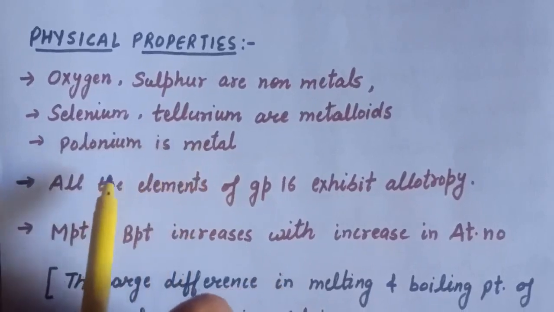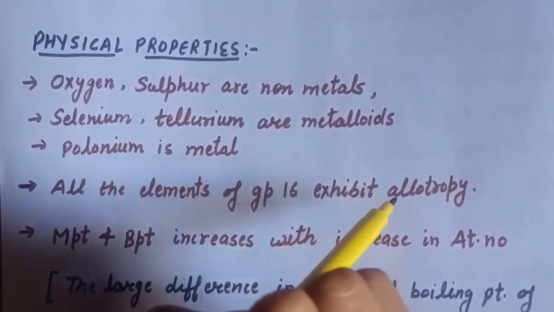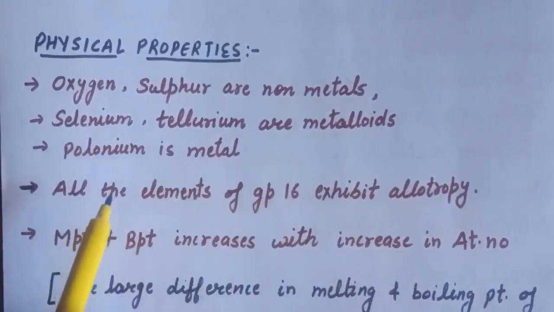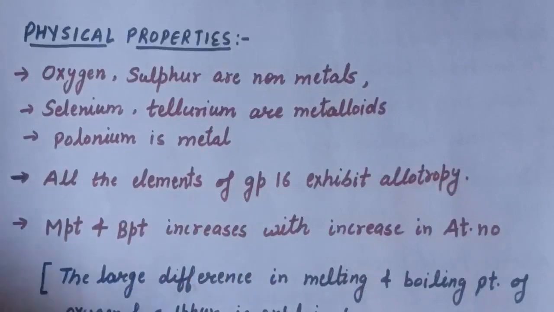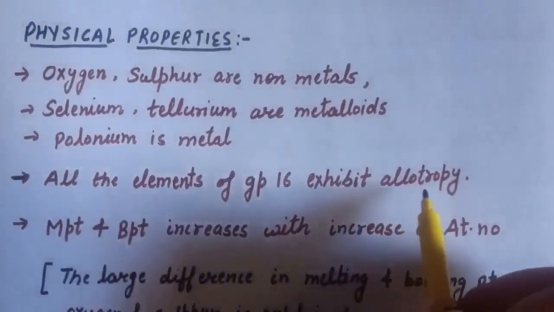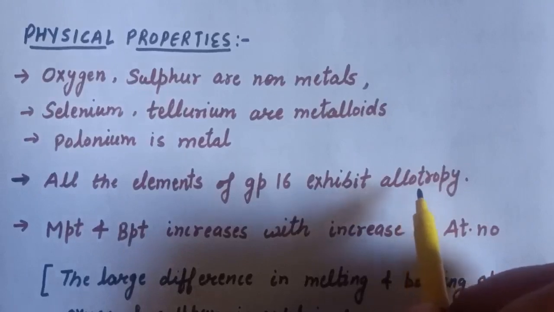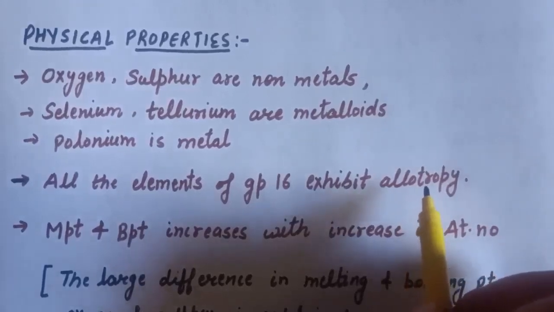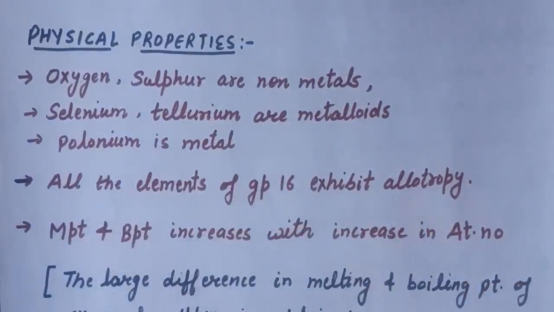Next, all the elements of group 16 exhibit allotropy, that is, they have different forms of the same element. For example, for oxygen, the allotropic forms are O2 and O3. Similarly, we have different allotropic forms of sulfur. So the group 16 elements all show allotropy.